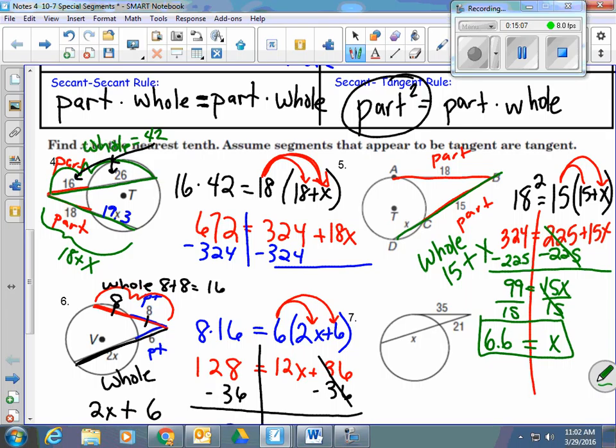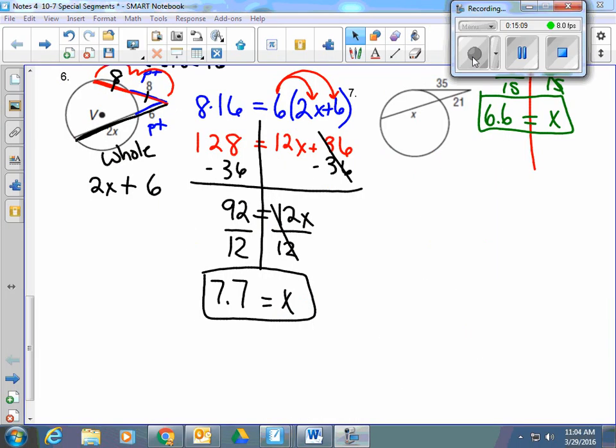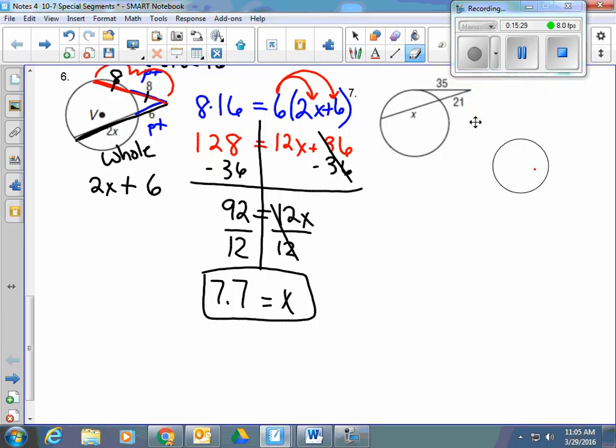Okay, I want you to try number 7. All right, so let's try. Okay, so right here, what do we call this? Part. What do we call this? Part.